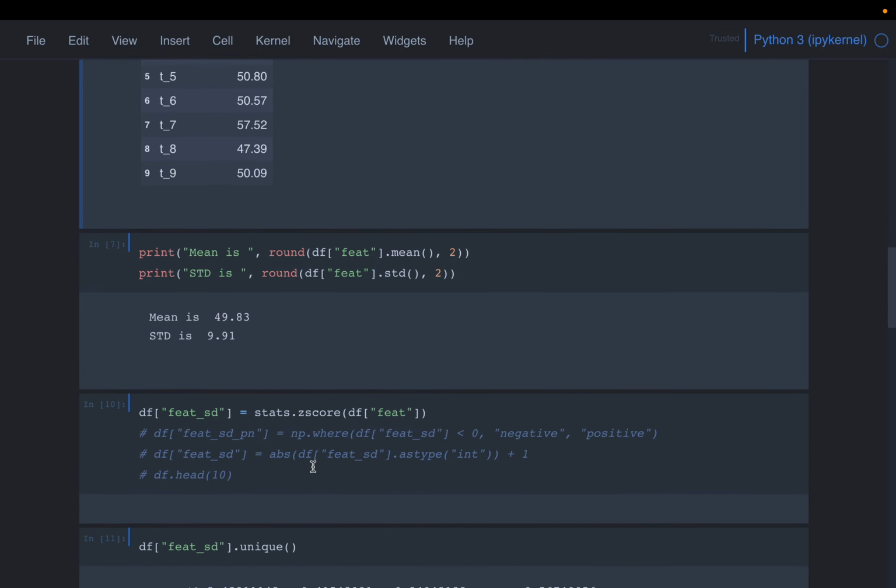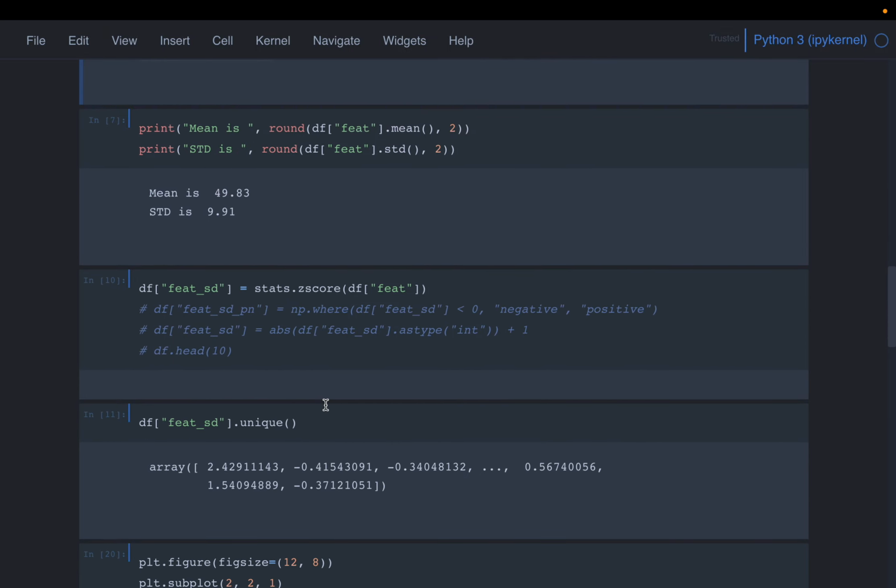Now, as I mentioned, we are going to compute how many standard deviations away from the mean each value is. That is represented by a quantity known as the z-score. Let me comment this.